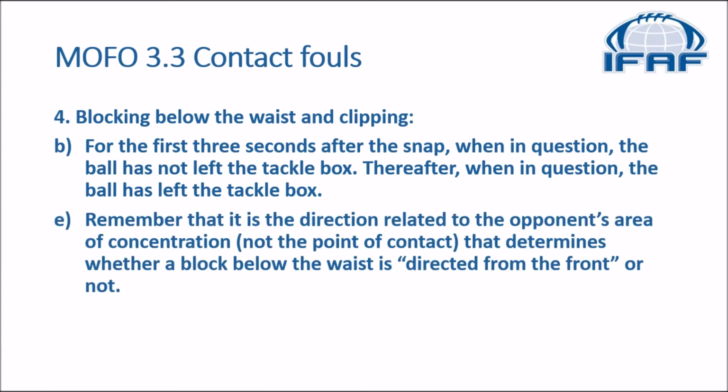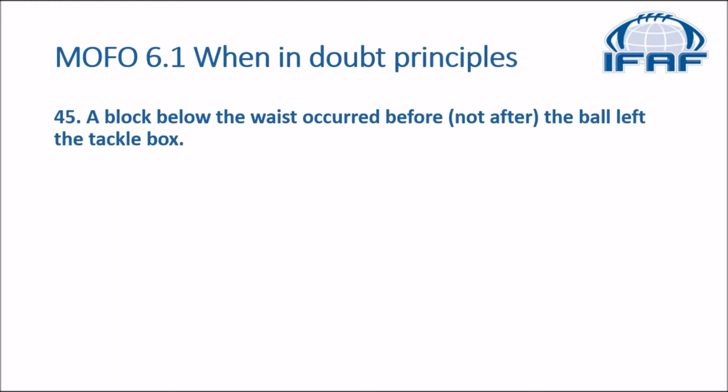And E goes on to say, remember that it is the direction related to the opponent's area of concentration, not the point of contact, that determines whether a block below the waist is directed from the front or not. And finally, when in doubt principles 45 says a block below the waist occurred before, not after, the ball left the tackle box. And that was the book.